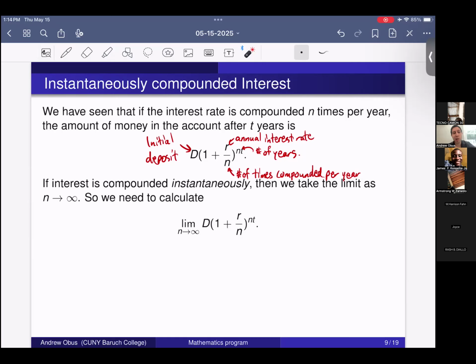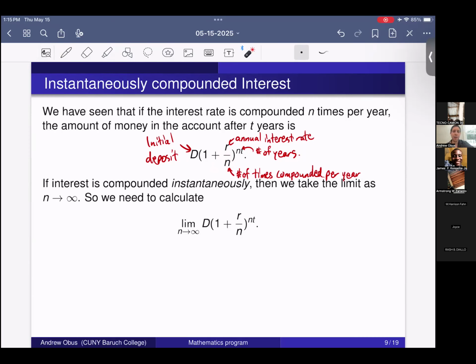Okay, so now what banks actually do is they generally compound your interest daily. So 365 times a year, which is more or less the same as compounding it instantaneously. What does instantaneously compound mean? It means instead of just compounding your interest once a year or 3 times a year, they compound infinity times per year.